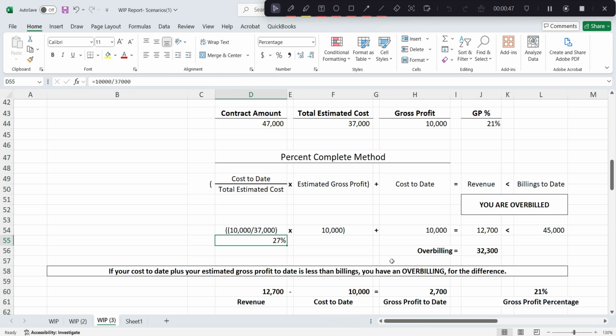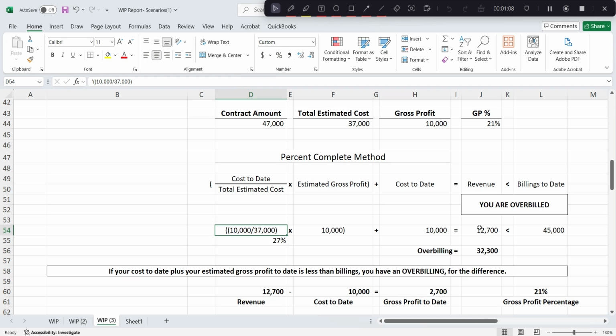We still have a long way to go to complete it. Now we take that percent complete and we multiply it by the estimated gross profit, which is $10,000. Once we do that, we add it to the cost incurred, which is $10,000. This is the same $10,000 that's in this formula here.